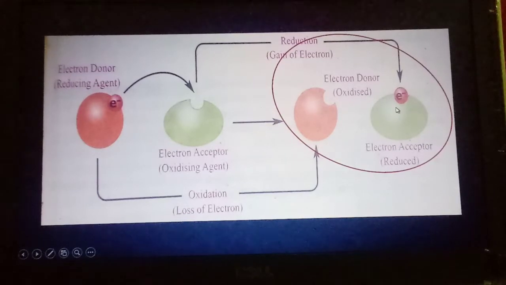Hydrogen is added, electron is added, and oxygen is removed. This one is the electron donor and oxidized agent, because it gives oxygen. Removal of oxygen and addition of electron take place here, so this is oxidized and this is a reduction process.